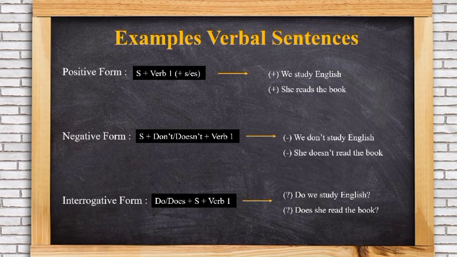Do we study English? In this sentence, the interrogative marker that used is do because the subject is we. Number 2. Does she read the book? In this sentence, the interrogative marker that used is does because the subject is she.